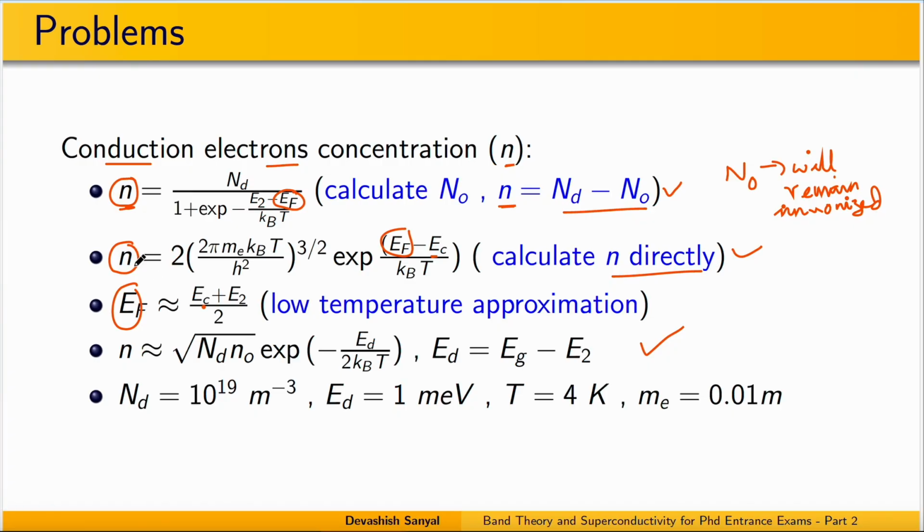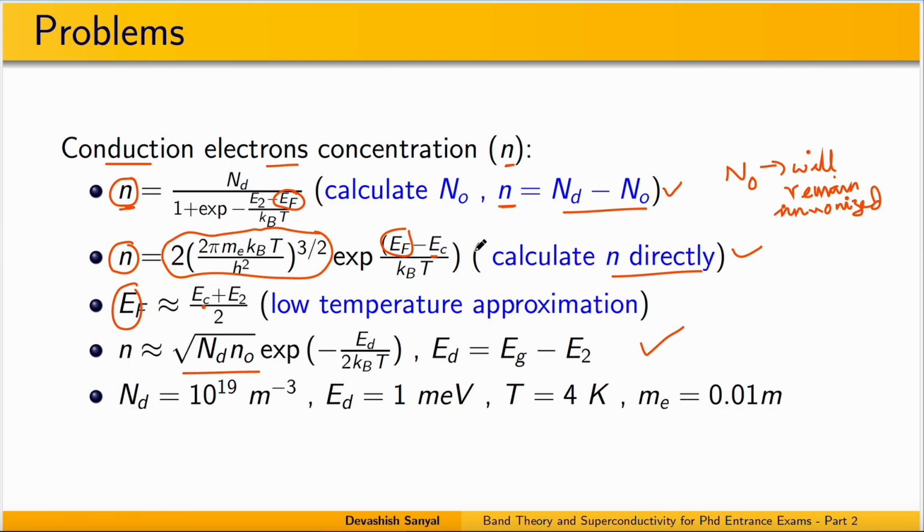You multiply these two and take the square root using the approximation. What we get is n is approximately equal to the square root of ND N0, where N0 is this quantity.